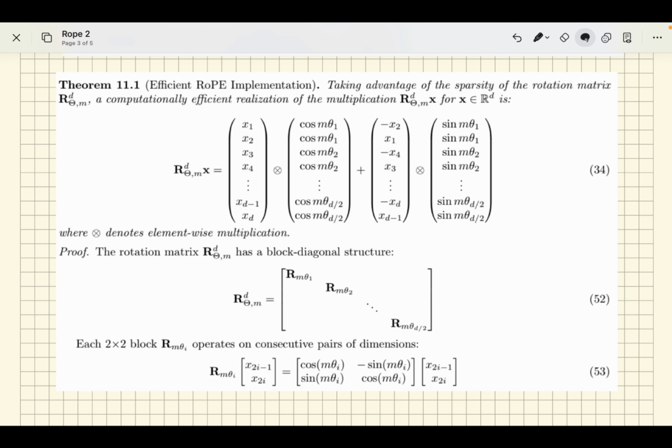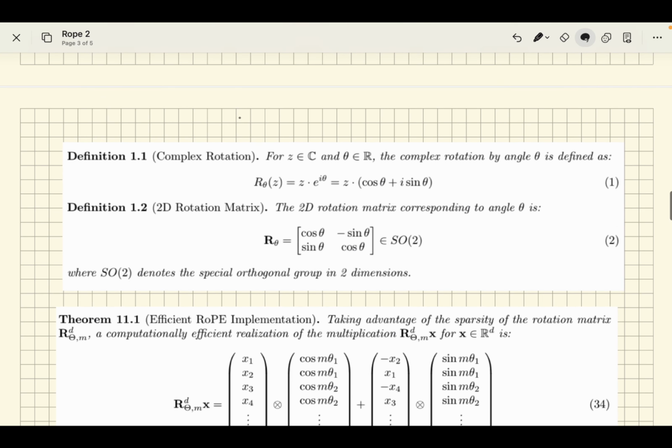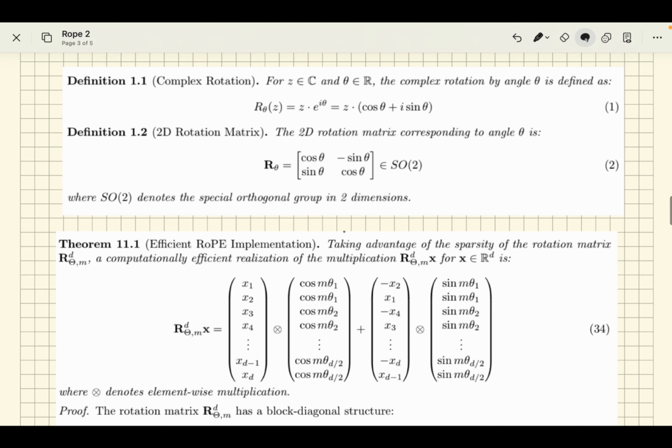We can achieve this block by multiplying this cosine and sine with x1 and x2, which is the same as this equation right here, because complex numbers are literally the same thing.